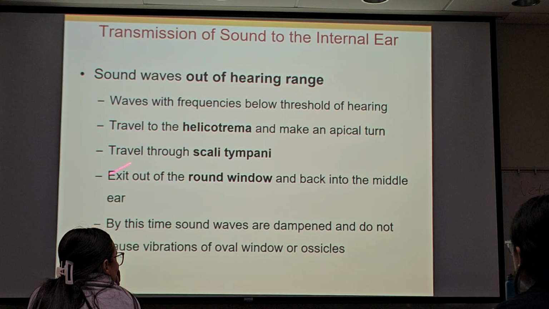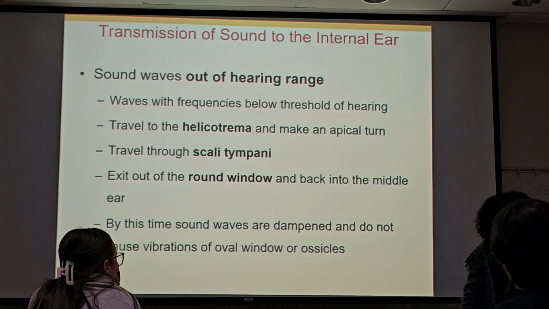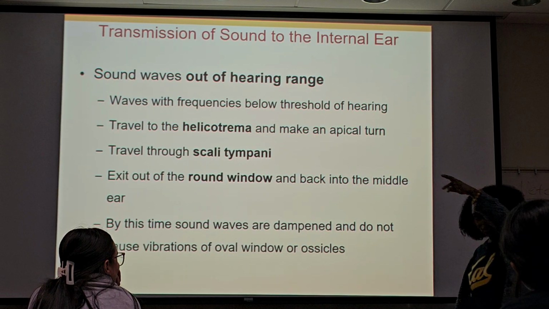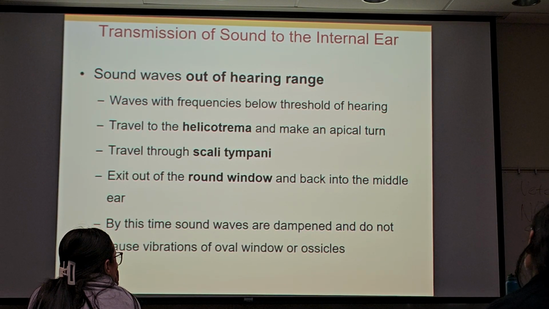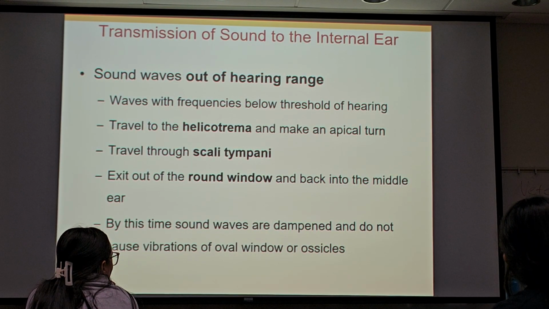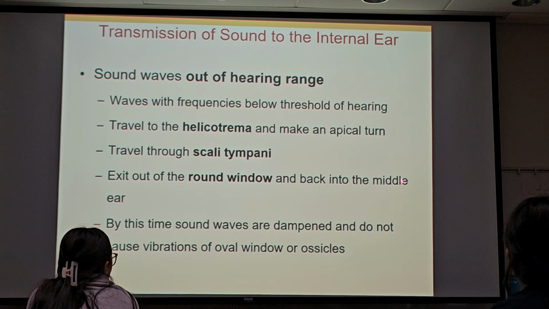This means it never gets to the organ of Corti. It comes in the oval window, goes out the round window, never getting into the cochlear duct to disturb the basilar membrane and the hair cells, and that's for sound we can't hear.